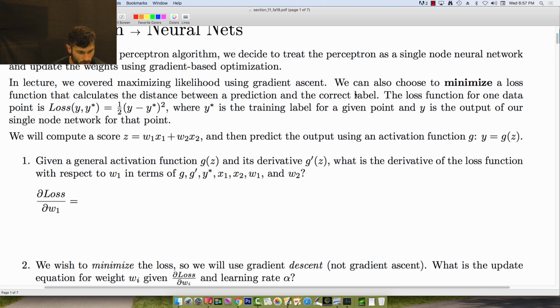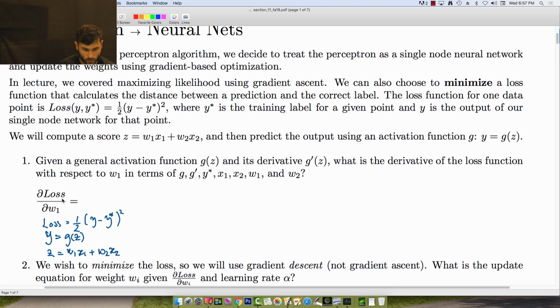So in this first question they ask us to compute the derivative of the loss with respect to W1, and in this case we have that the loss is equal to 1/2 of (y minus y star) squared, and then we have that y is equal to g of z, and then we have that z is equal to W1 x1 plus W2 x2.